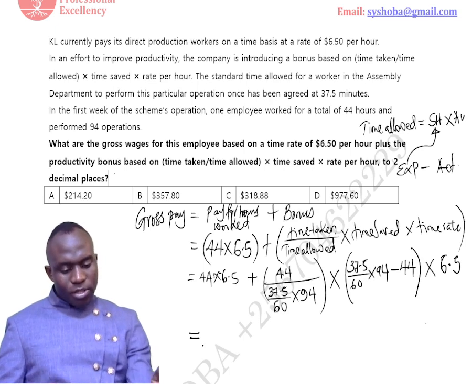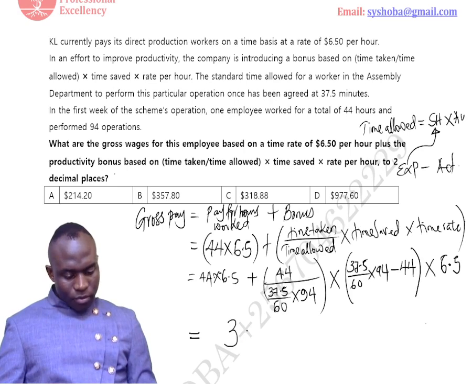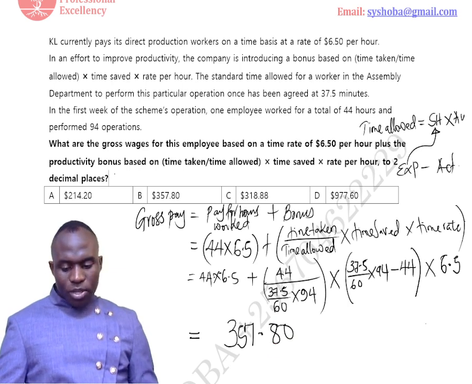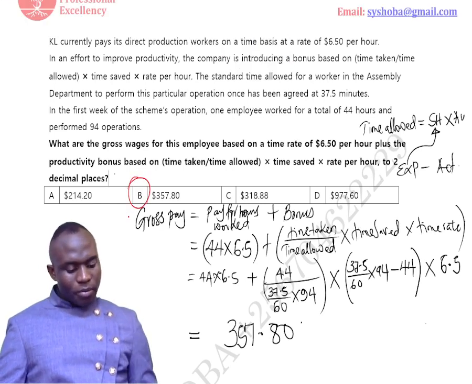So the answer is 7.80 to two decimal places. So the correct answer is B.